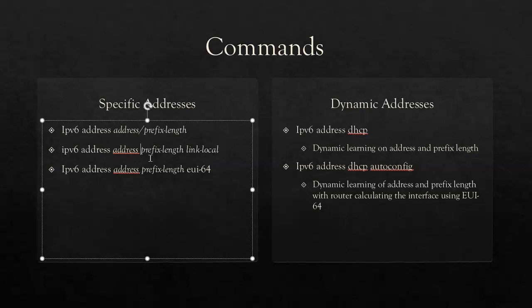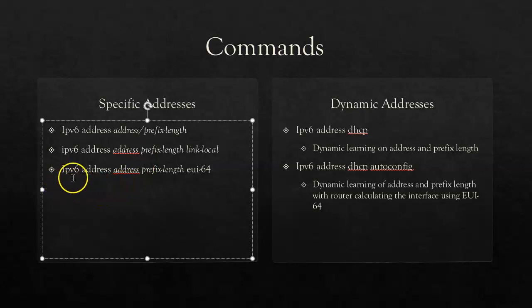So I could create the FE80/12 if I want to, or 14 or any number, and as long as the router knows that it's a link local, it's going to think about these packets as if they were link local packets. It's not going to forward them, and it's going to know that the FE80 prefix is for link local.